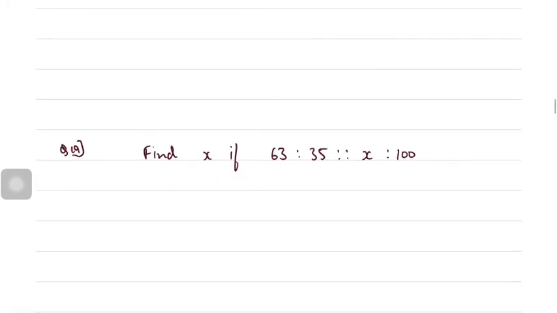Okay. Let's solve the next question. Find x if 63 is to 35 is equal to x is to 100. So 63 into 100 is equal to 35 into x. So 35x.